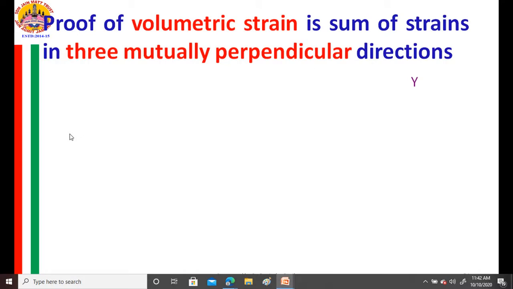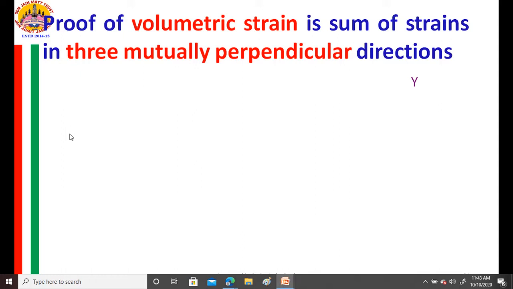For sigma y, Ly is the linear dimension, Lx and Lz are the lateral dimensions. That is why, when defining linear and lateral, I took utmost care to clarify it. While writing in the examination, you can write simply: linear strain is equal to change in length divided by original length. Lateral strain is equal to change in lateral dimension divided by original lateral dimension.